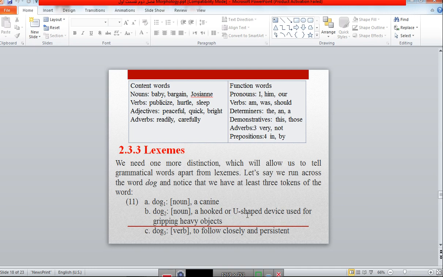Despite the semantic relatedness of 11a and 11c, however, all 3 tokens can be said to have distinct meanings. When we want to distinguish among phonologically similar forms on the basis of differing meaning, as in 11, we call each a separate lexeme.